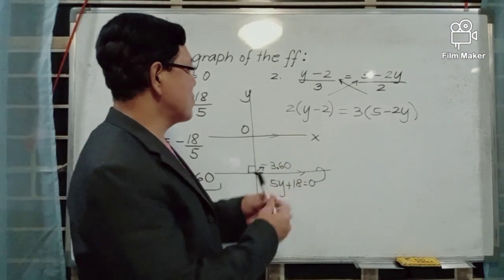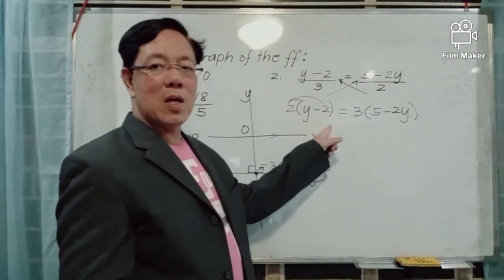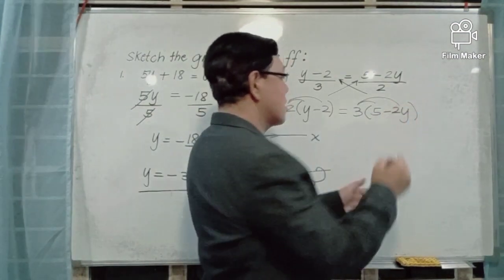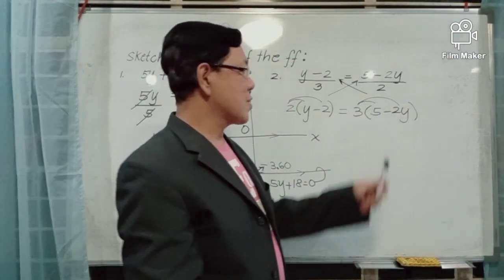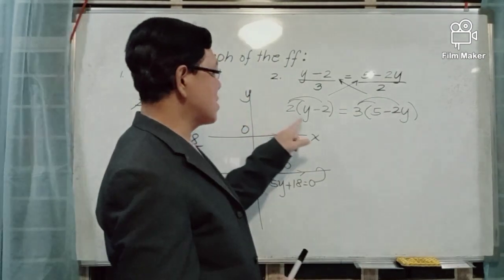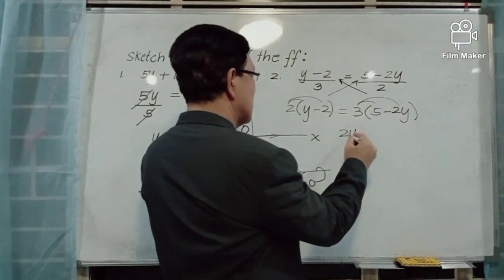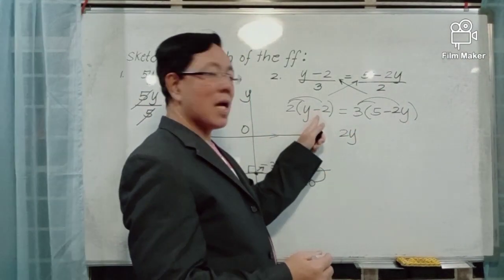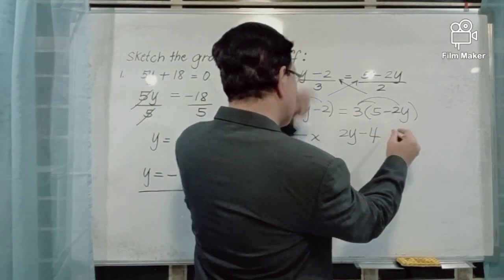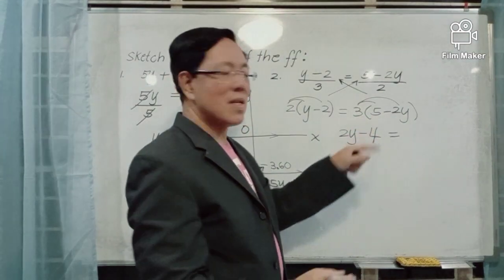That is, we distribute 2 to each term of this binomial, and we distribute 3. That is, we multiply each term of this binomial by 3. We do that. 2 multiplied by y is 2y. 2 multiplied by negative 2 is negative 4. Equals 3 multiplied by 5 is 15.